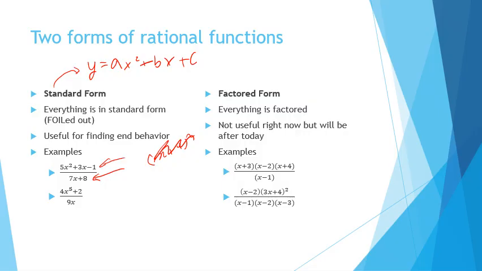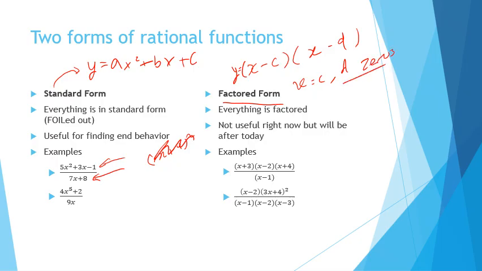And this is going to be useful specifically today in finding end behavior and horizontal asymptotes, whereas factored form is really useful in finding other stuff that we'll talk about later. So getting into factored form, this is pretty simple. Think of the factored form of a quadratic equation, right? You may have x minus c and x minus d, where x equals c and d are zeros of the graph.